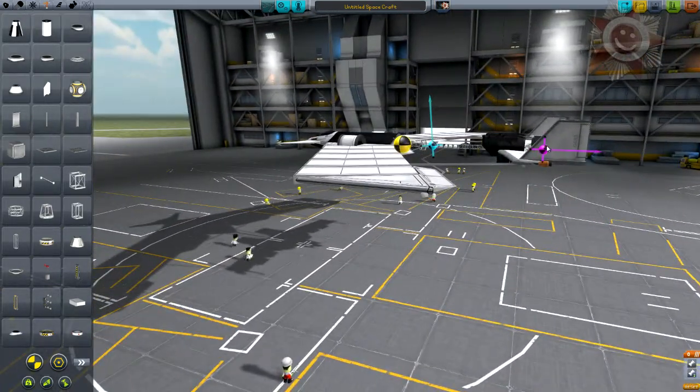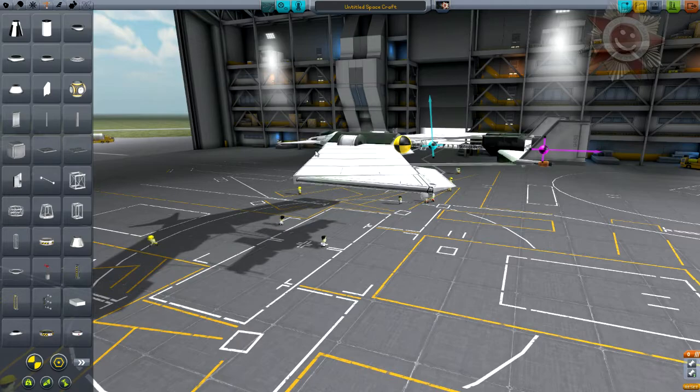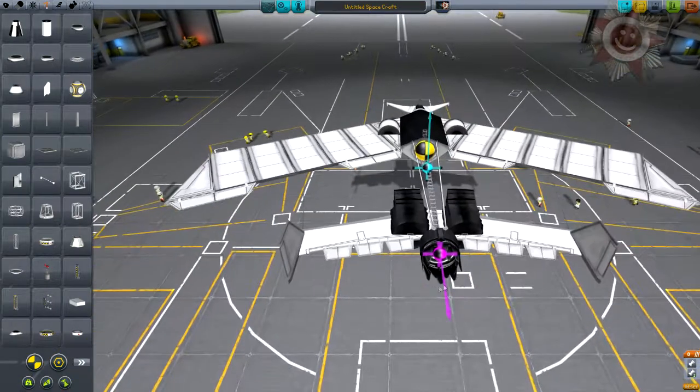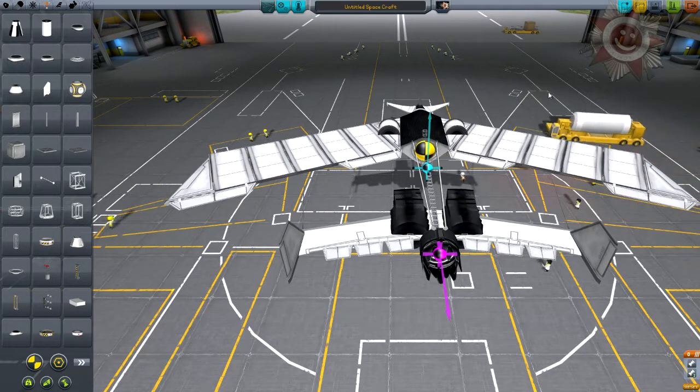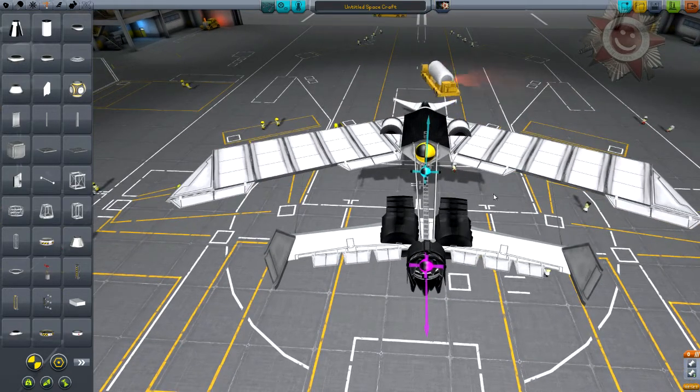If the center of thrust is above the center of mass, it tries to push the nose of the plane down, and if it's below, it tries to push the nose up. Same thing if the center of thrust is to the left, it tries to spin the plane right, and if it's to the right, it tries to spin the plane to the left.